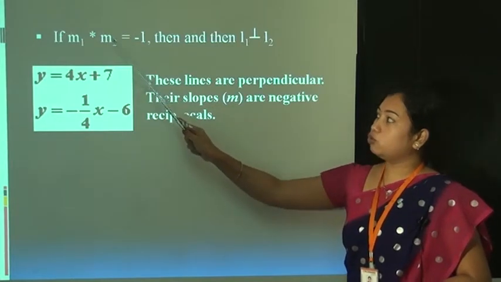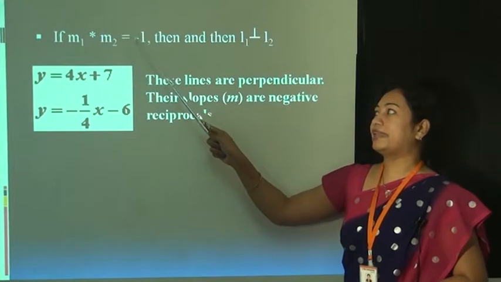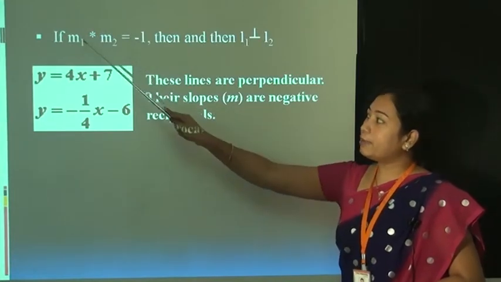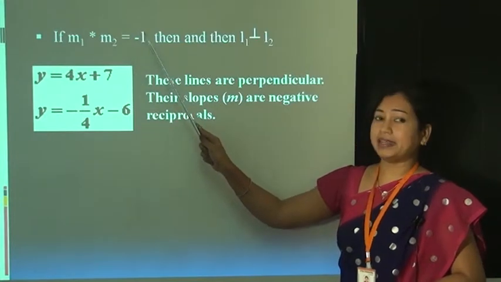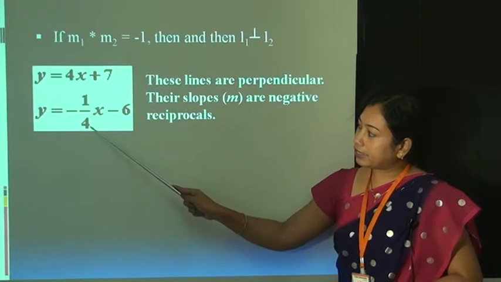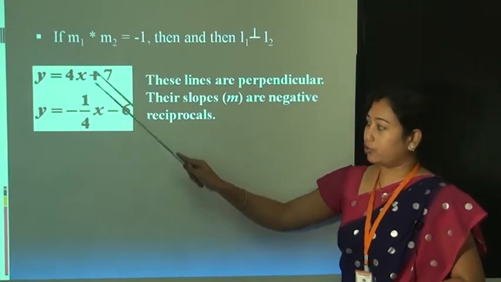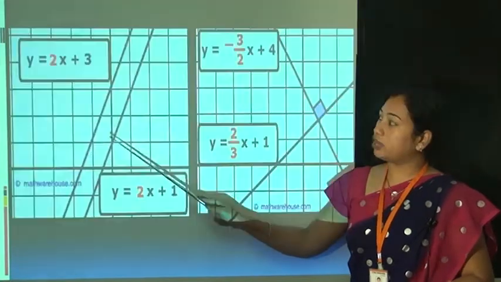If m1 into m2 is equal to -1, then you can write m1 is equal to -1 upon m2. इसका मतलब अगर आपने m की वैल्यू 4 ली है तो m2 हो जाएगा -1 upon 4. You can see here slope is 4 and here the slope is -1 by 4. That means these two lines are perpendicular to each other.